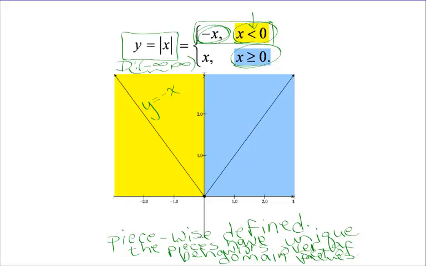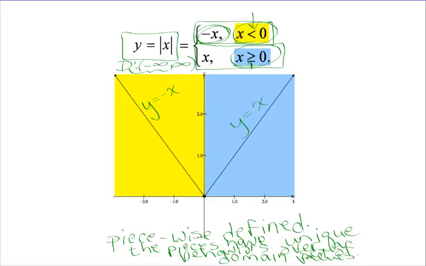Because it's not included in the definition that they gave me. And from 0, including 0, to positive infinity, this piecewise defined function acts like the line in the plane and the function analytically, y equals x. So the absolute value function is a piecewise defined function.